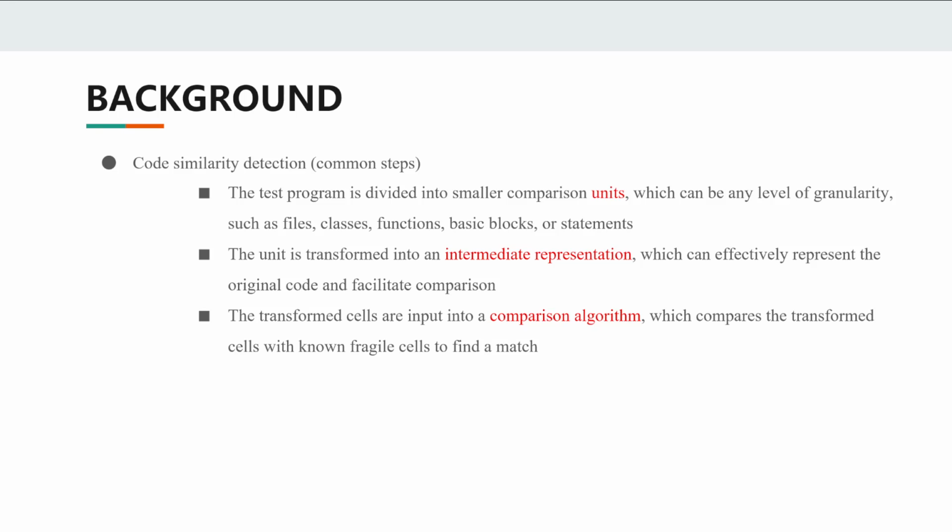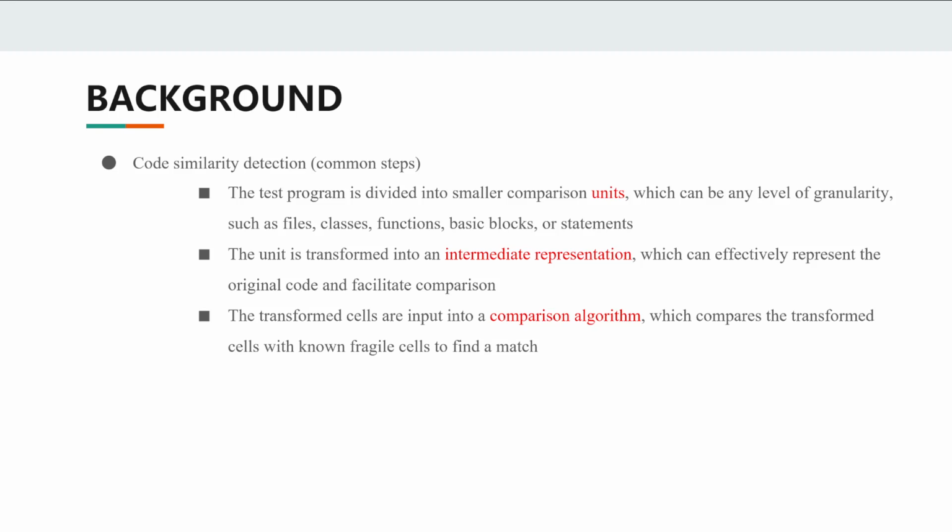Its common steps are generally divided into 3 steps. The first step divides the test program into smaller comparison units, which can be of any granularity level, such as files, classes, functions, basic blocks, or statements. The second step is to convert the comparison unit into a representation form, which can be a graph, a tree, or some other structure.